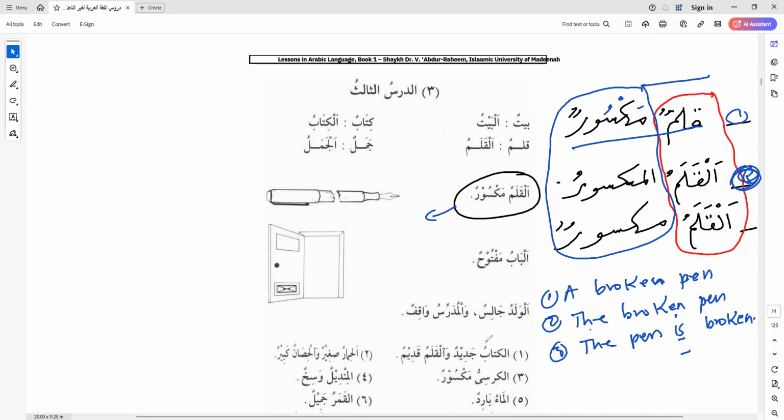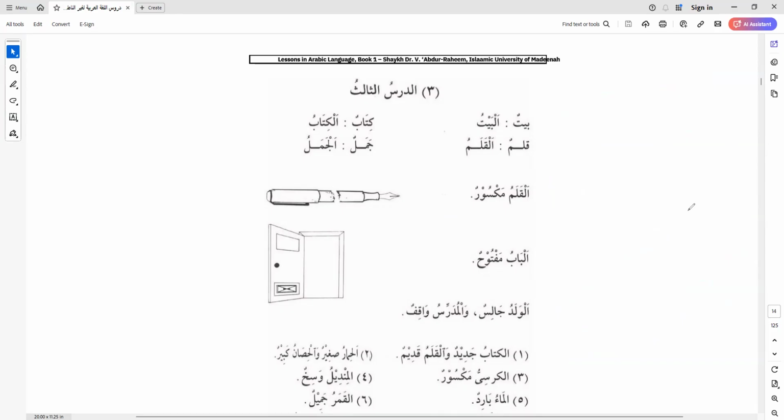I hope it's clear. So if you want to say something is, then that something must start with a definite article. And then again, it's not in Arabic. So the next noun must not have a definite article. And that is indicative of the use of the verb to be.